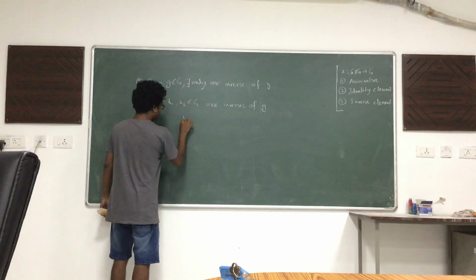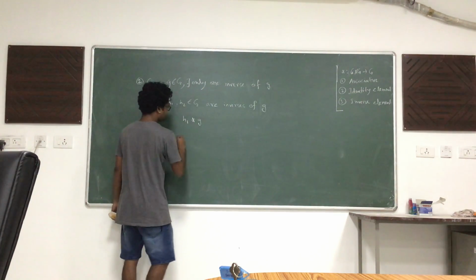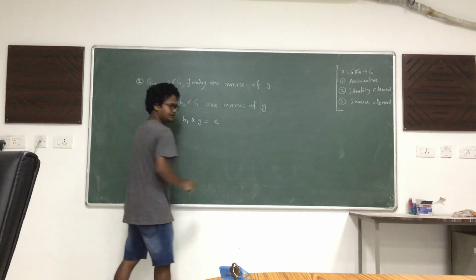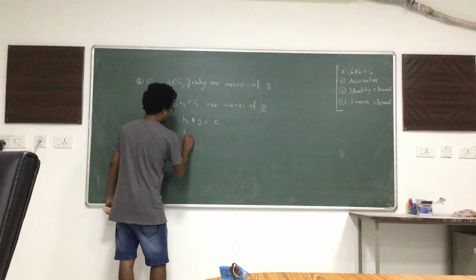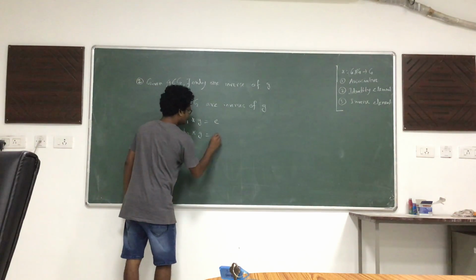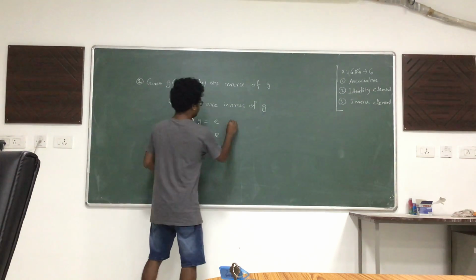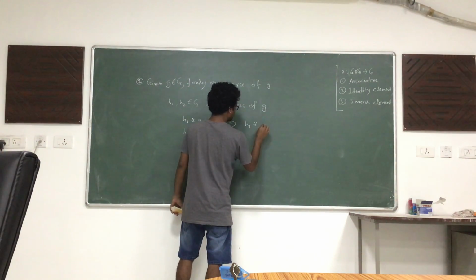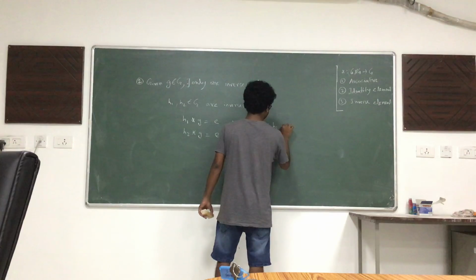So by definition, we know h1 star g is equal to identity. Okay. And similarly, h2 star g is identity. This implies what we can do is h1 star g star h2 is h2.